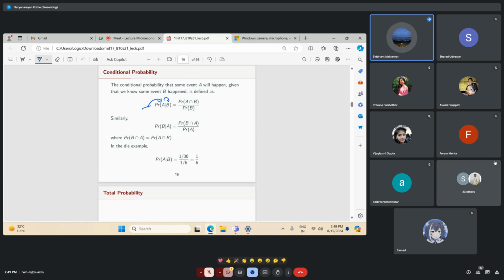That is equal to the probability of A intersection B to the probability of B.